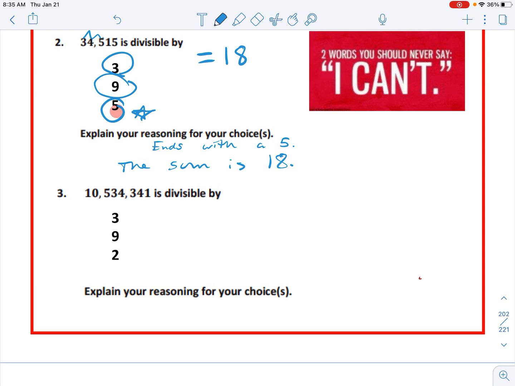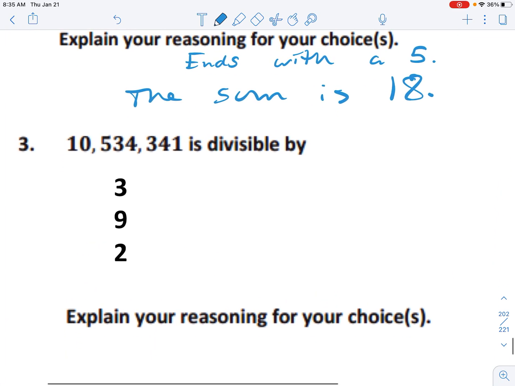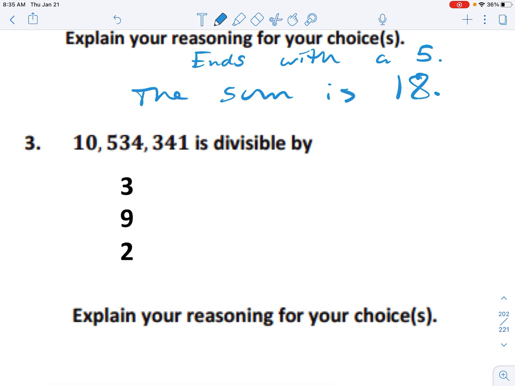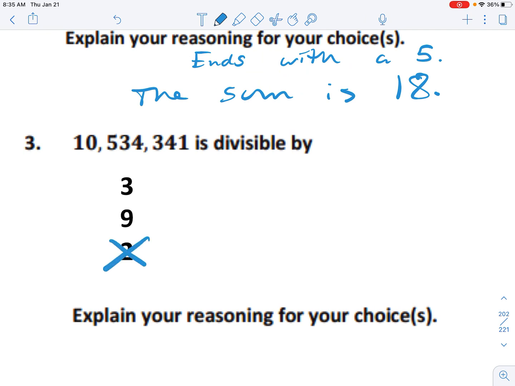All right, let's look at number 3. Number 3 gives us 10,534,341, and they give us 3, 9, and 2. So right off the bat, I know this is an odd number, okay? So 2 cannot be divided into that number because it is odd.